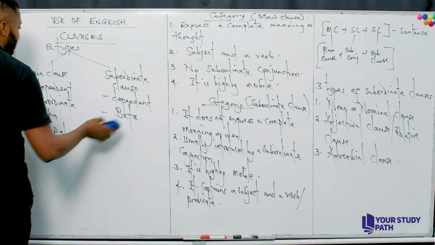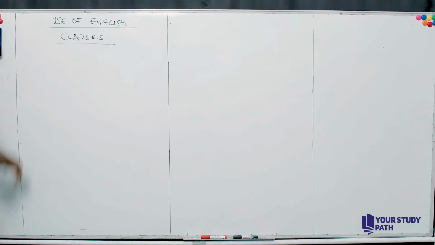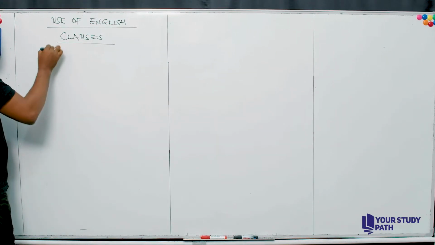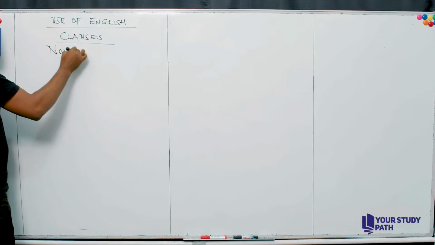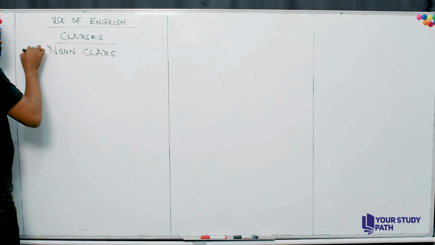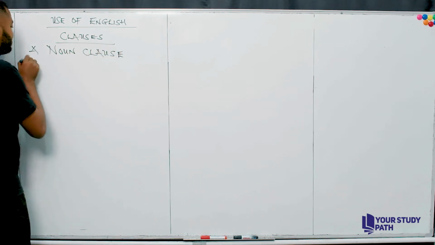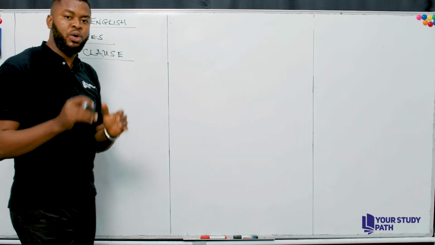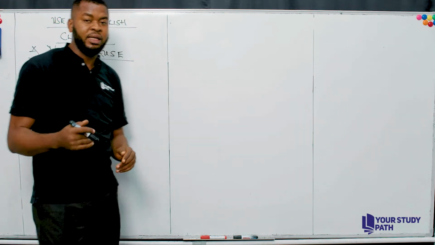So let's see how we could take this. All right, so under clauses, we'll look at the noun clause. You can call it a noun clause or a nominal clause. Is that taken? Now let's look at this.